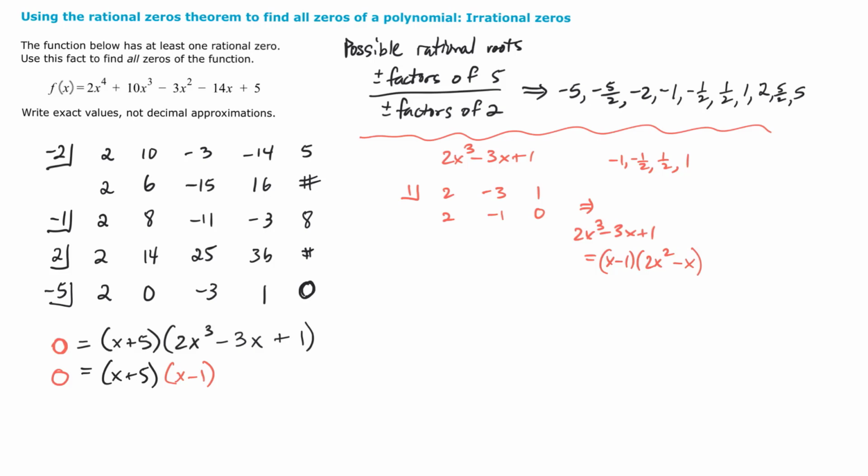We have a 2x squared minus x. Something doesn't seem right. This doesn't seem to check. There are no constants here, and I want a constant of plus 1. Let me think about this for a sec.